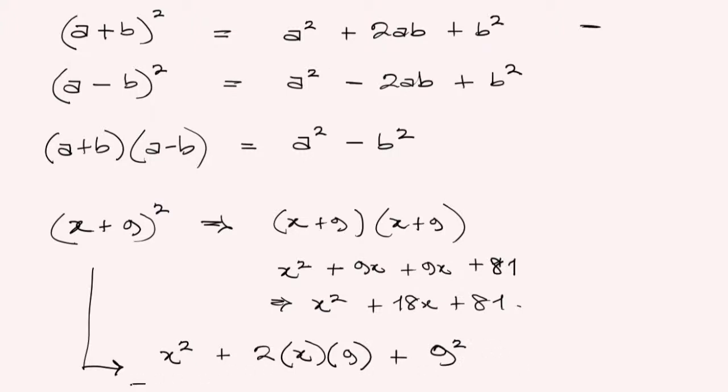And this is the same as x squared plus 18x plus 81. And this is the same as this. So if we know these expressions, we can go straight to writing the answers without going through a long process.